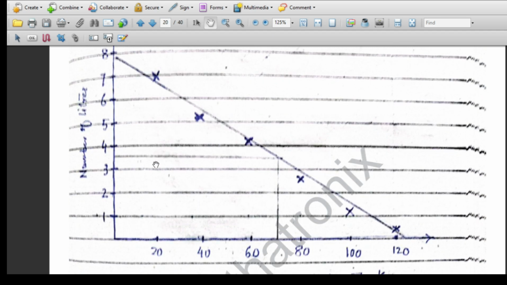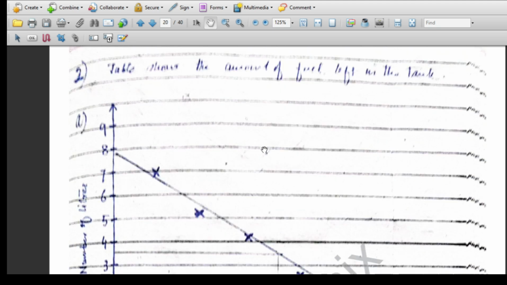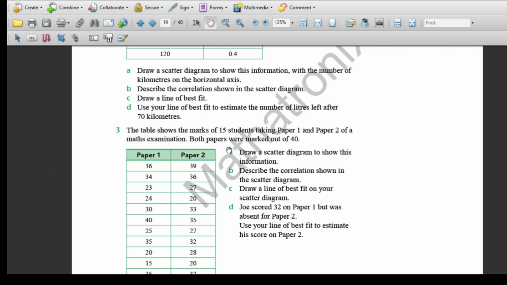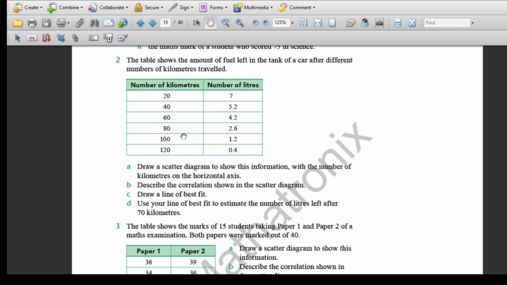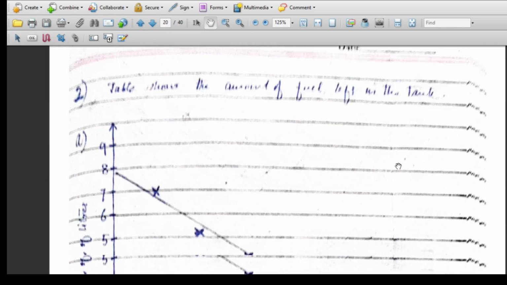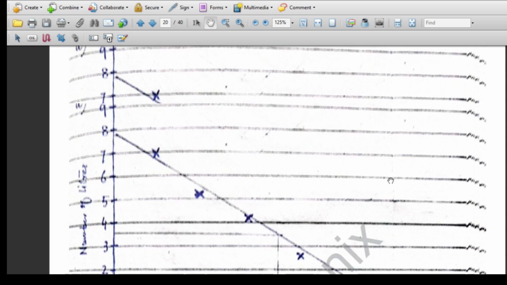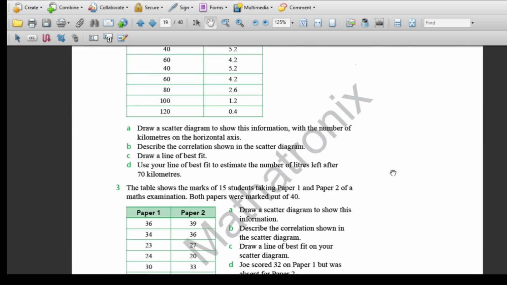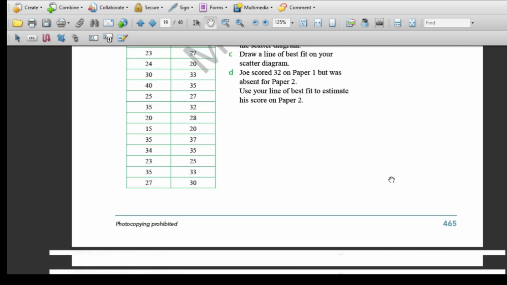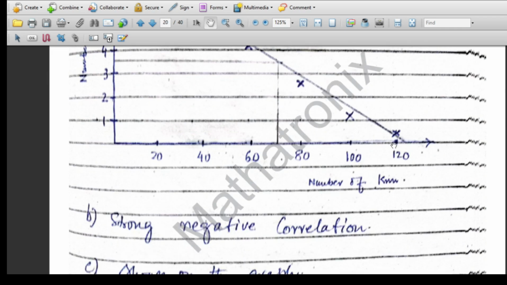At 20 the value is 7 liters, at 40 it is 5.2, at 60 it is 4.2, and then 2.6, and then 1.2, and at 120 it is 0.4.